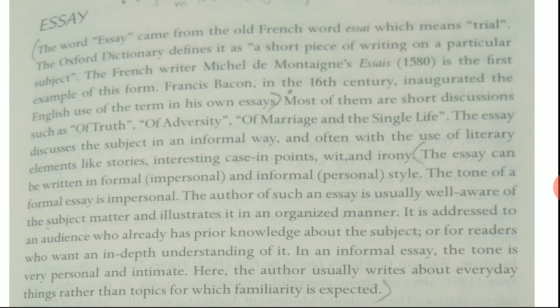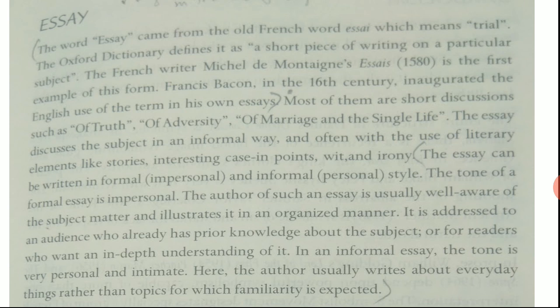The Oxford Dictionary defines it as a short piece of writing on a particular subject. So, essay is a short writing about a particular topic or subject. The French writer Michel de Montaigne, his essays published in 1580, are the first example of this form.